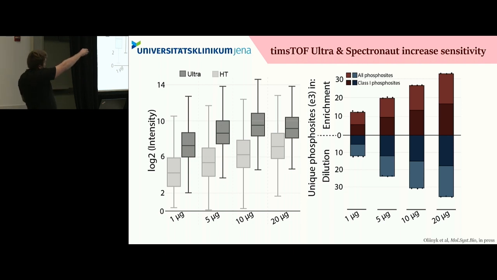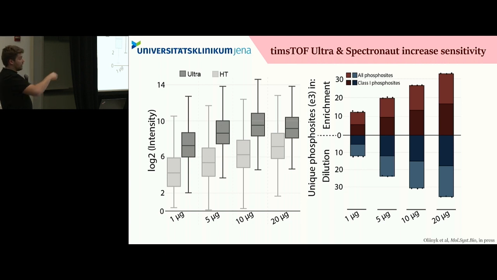And if you compare the upper part of the graph and the lower part of the graph, the lower part is the dilution experiment that we made. So we first enriched the phosphopeptides from 20 microgram of starting protein material and diluted it to 10, 5, and 1, and then did the same but took 10, 5, and 1 microgram of starting protein material and enriched from that.